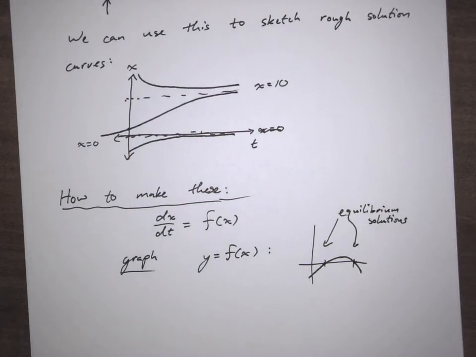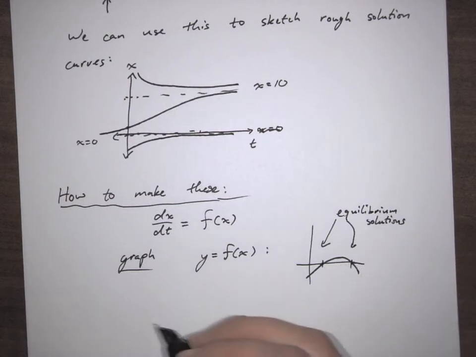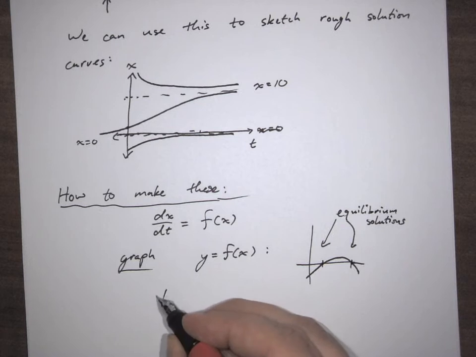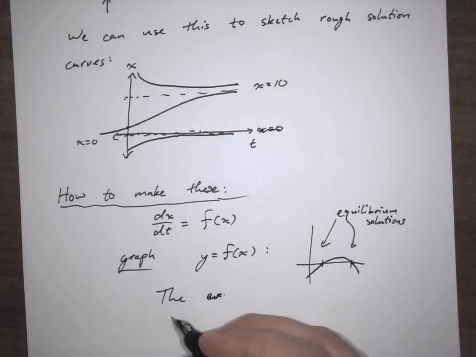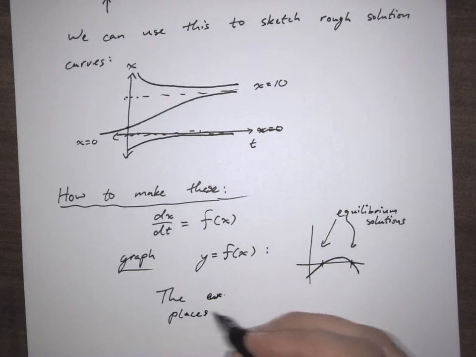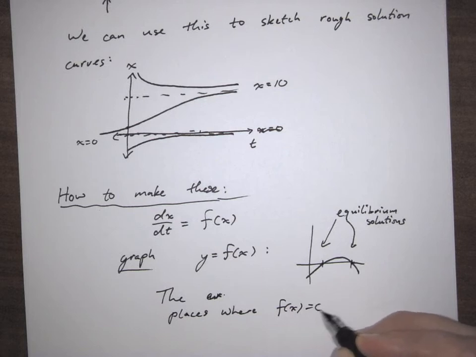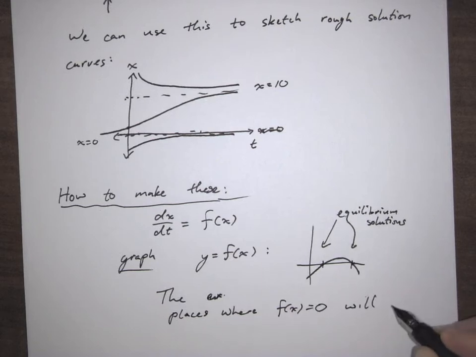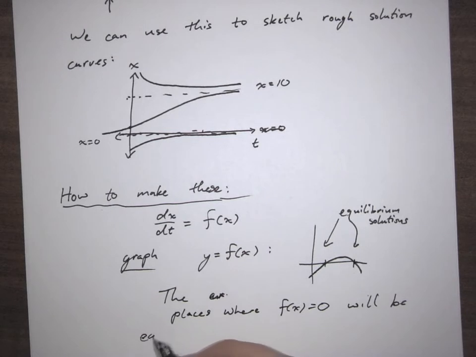So everywhere where the graph crosses the x-axis is going to be an equilibrium solution, and so here, the crossings, the places where f of x equals 0 will be equilibrium solutions.